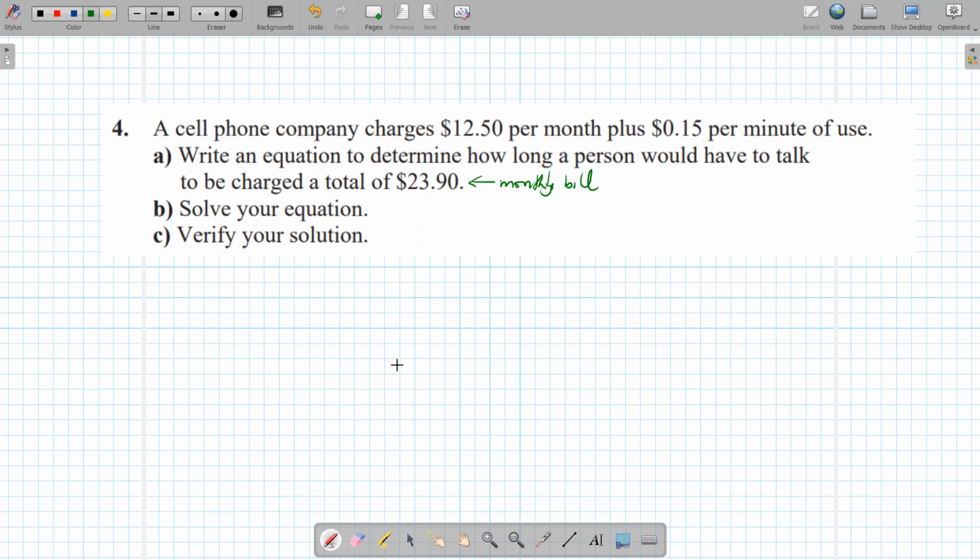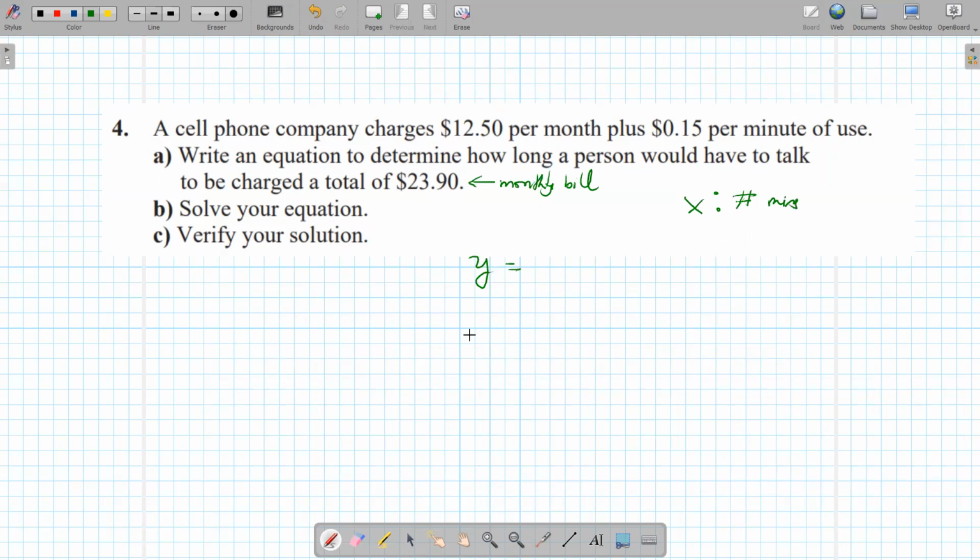What could be an equation that represents this situation? It's going to be a linear equation for the monthly bill. Let's say the monthly bill is given by y, okay? And x represents what? Well, it would represent the number of minutes.